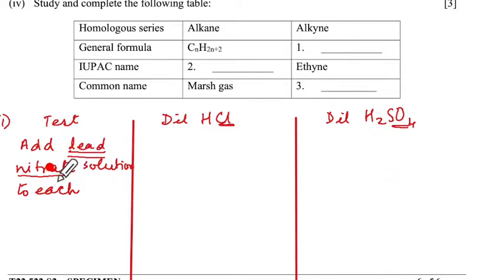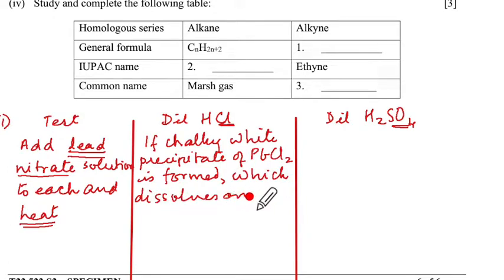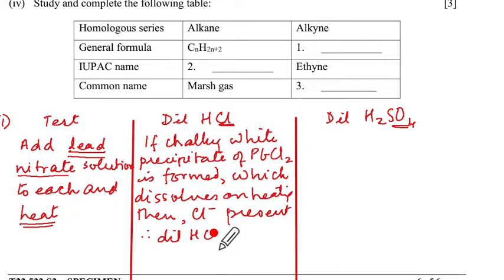So we say add lead nitrate solution to each and heat, and this is the important keyword here. Here lead chloride will be formed. So if chalky white precipitate of lead chloride, PbCl2, is formed, which dissolves on heating, then it means Cl minus is present and therefore we will say dilute HCl is present.